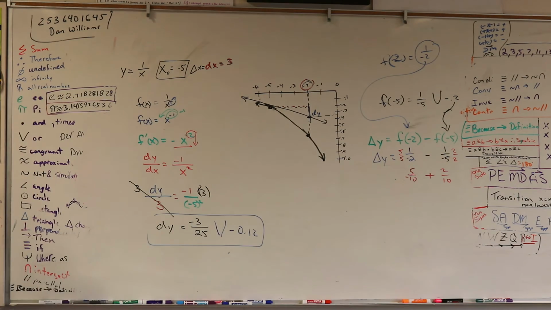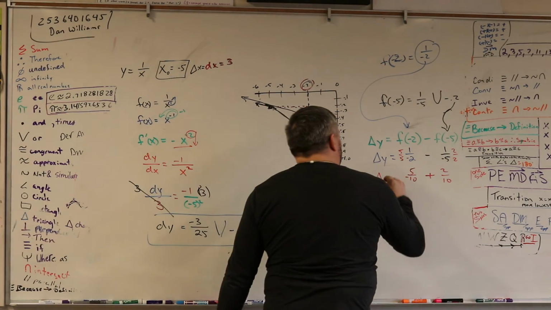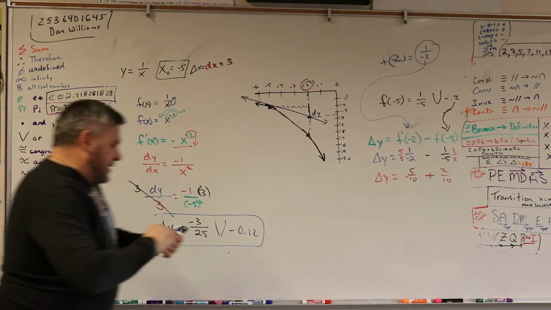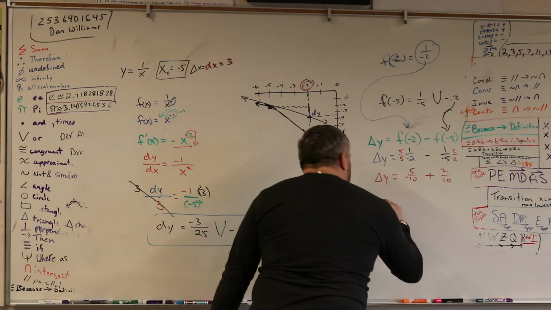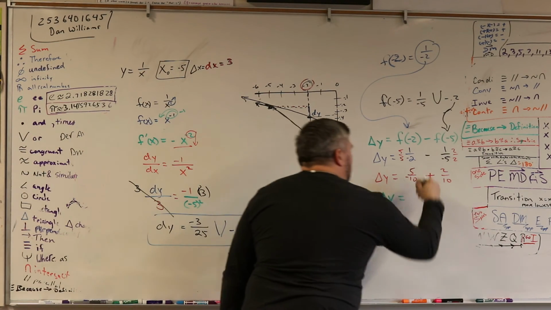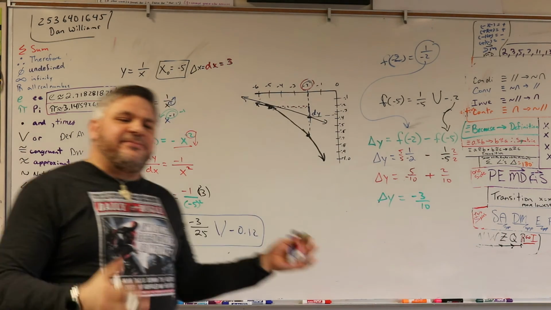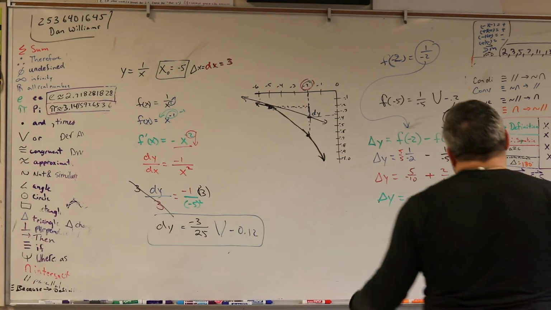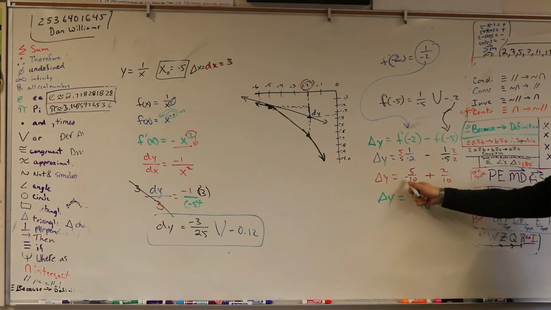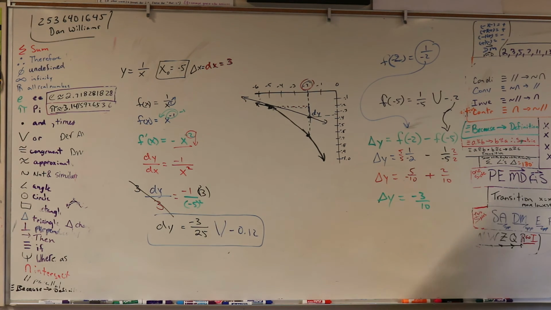So delta y is equal to negative 3 over 10, because negative 5 plus 2 is negative 3. Well, I had the negative down below, but we could have it up above. It doesn't matter where it goes. We just know that the whole fraction is negative. So a negative 5/10 plus a positive 2/10 is going to give me a negative 3/10.